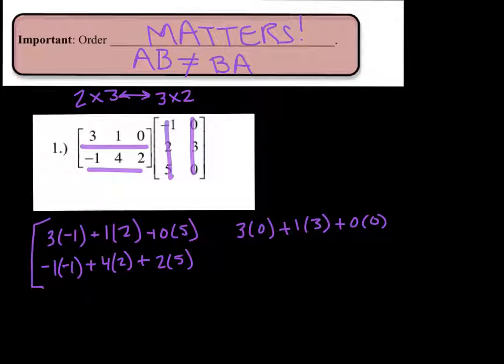I'm just going through the entire process. That'll be our third entry. And the fourth entry will be second row times second column. So -1 times 0 plus 4 times 3 plus 2 times 0.